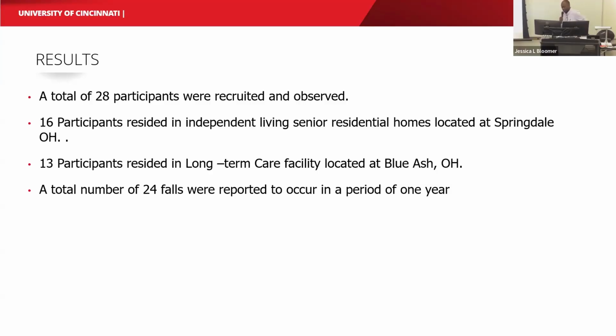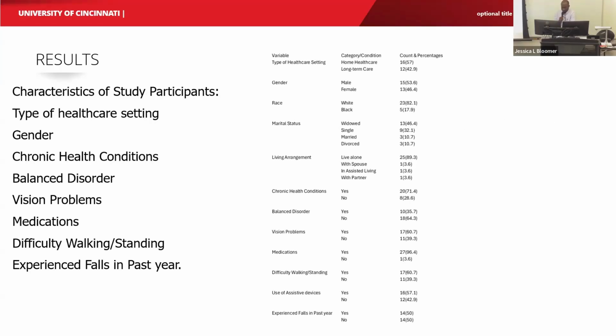So you can see we still have a problem with elderly falling in these healthcare settings. We're still collecting the data, but in the preliminary analysis, these are the participant characteristics. You can see that we had more males than females already collected, and 50% of the study participants experienced falls in the last year, as you can see on this slide.